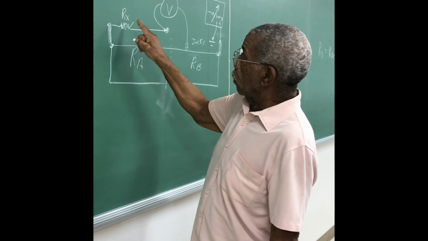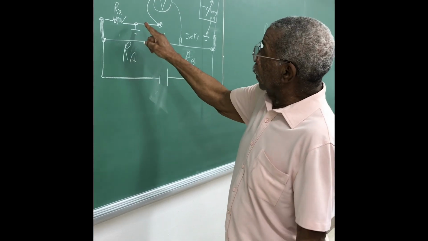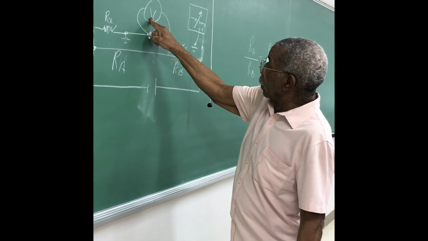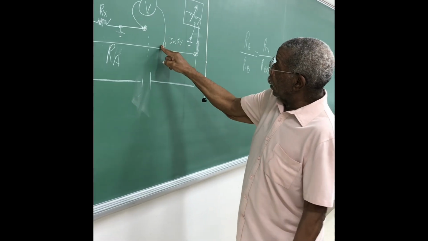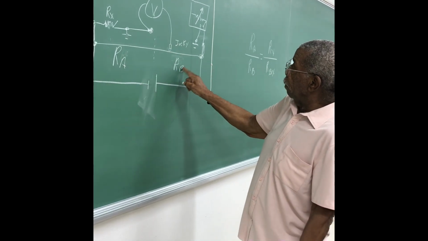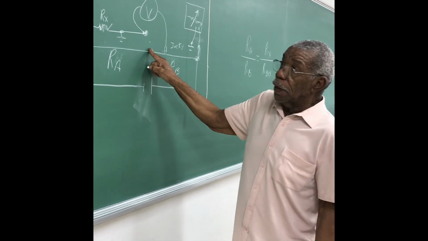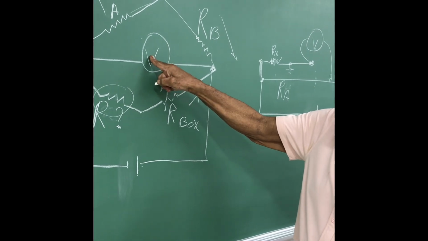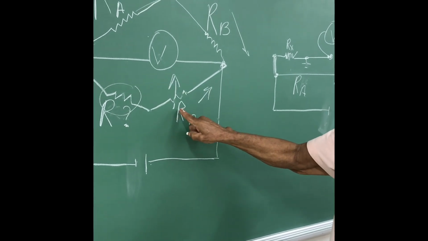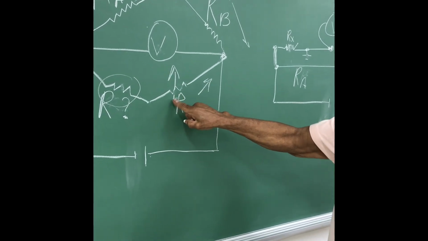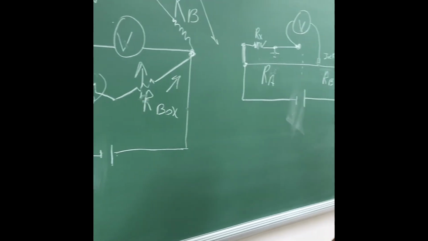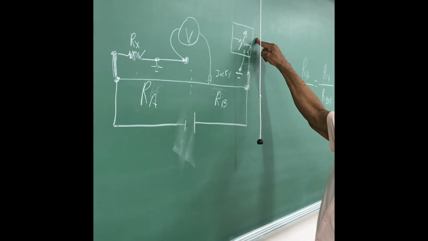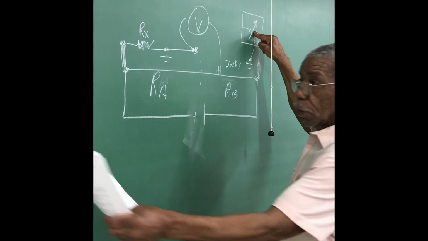We have our unknown resistor hooked to ground and to the voltmeter, and we'll jockey along the A and B resistor until we find a position where we have 0 volts, just as we did with this Wheatstone bridge.